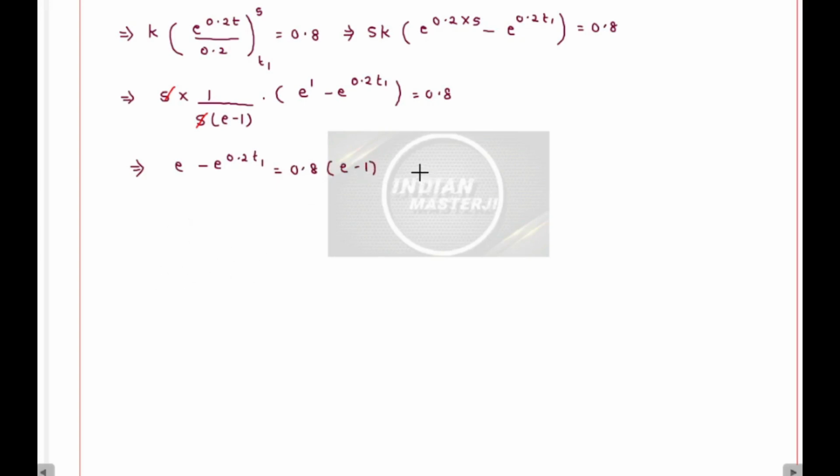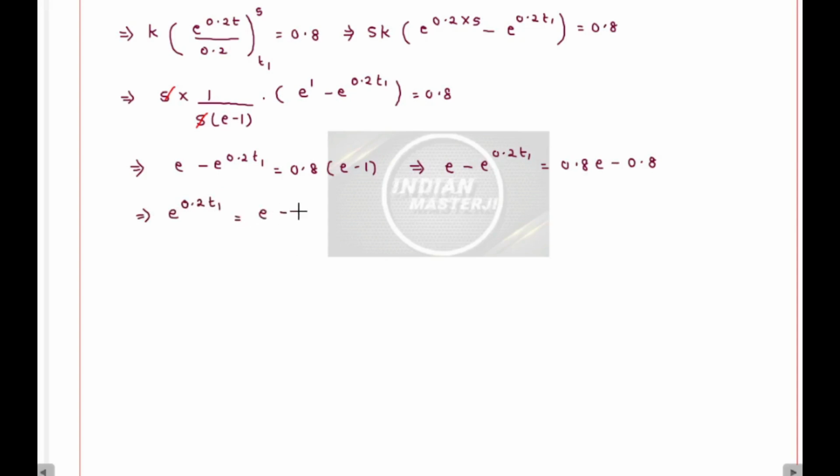Correct? Let's try to expand this one. So what do I get? I get e minus e raised to 0.2 t1 is equal to 0.8e minus 0.8. Correct? Now let's rearrange this and let's get e raised to 0.2 t1 on one side of the equal sign and the rest of the things on the other side. So what do I get?